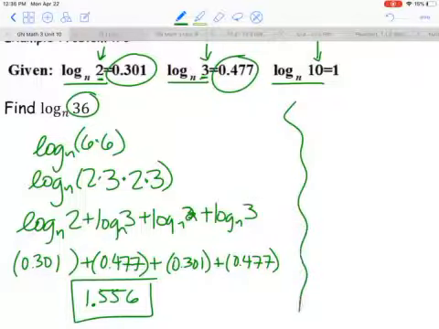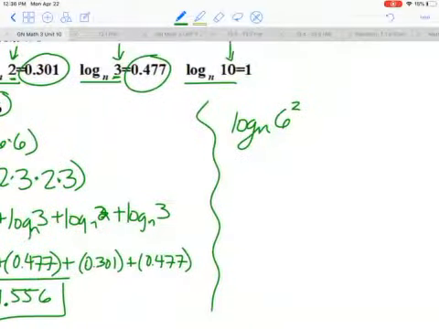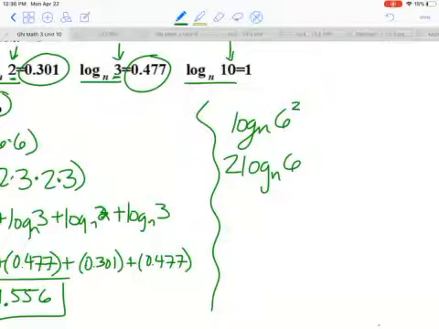You could have also started and said, okay, I see that 36 is just 6 squared. Same thing, 6 squared is 36. I can make that exponent go in front of the log with the 6. And then I can again split it up as log of 2 times 3.